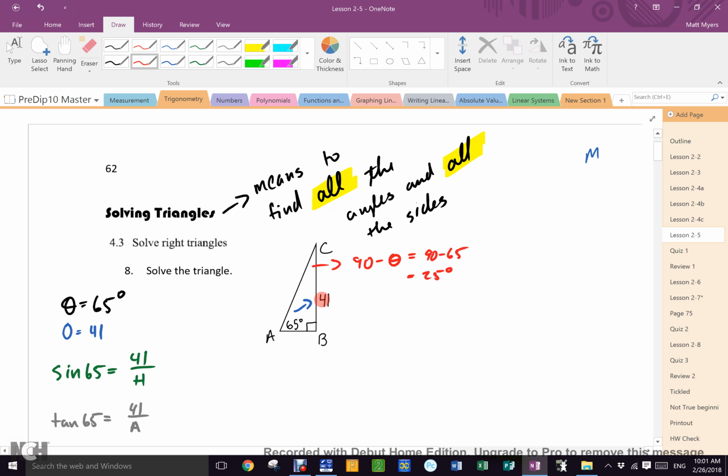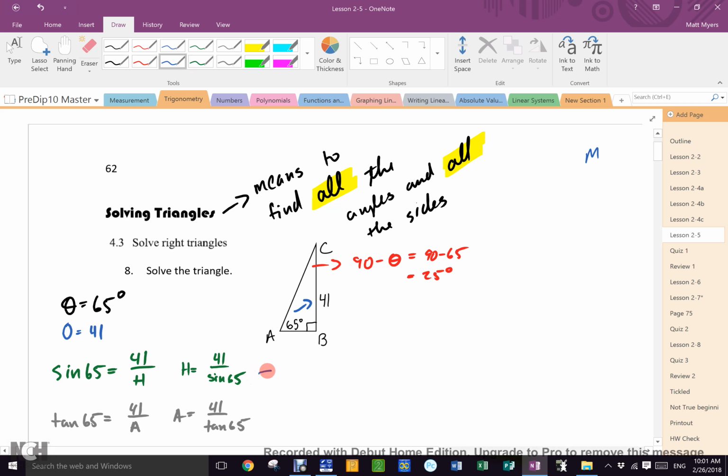Everybody with me? So what am I going to need to do in green? What do I need to do there? What is H going to equal? 41 over sine 65. And what is A going to equal? 41 over tan 65. And I already know the third angle. Now, where can I split this off?